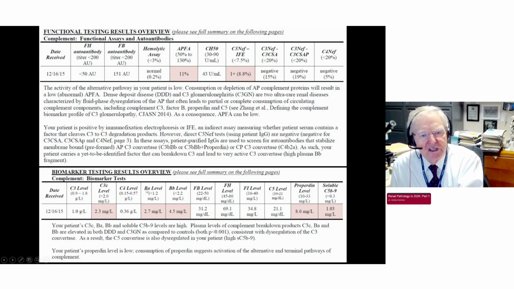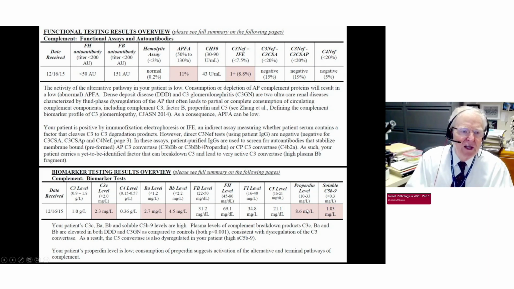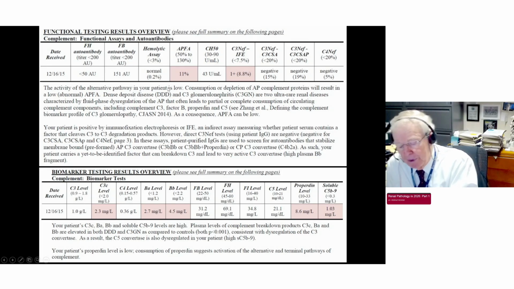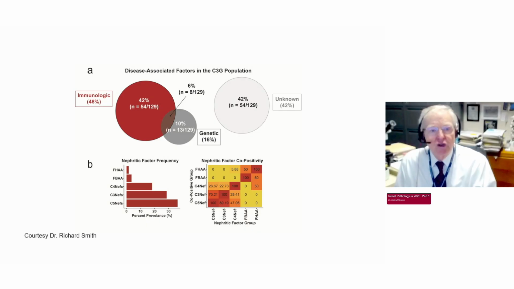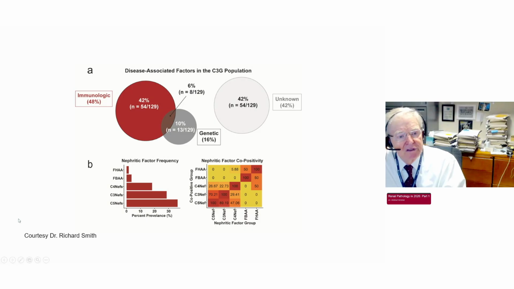You can see also the level of Ba, the activated factor B, is also elevated, and of course the soluble C5b-9 is elevated, whereas the properdin is low because you have consumed properdin together with the C3, for which the alternative pathway hemolytic assay is positive in this case.